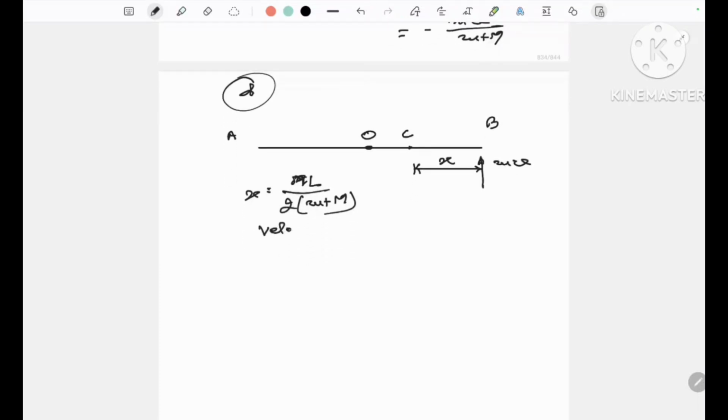Velocity of center of mass C, that is mv by m plus m.